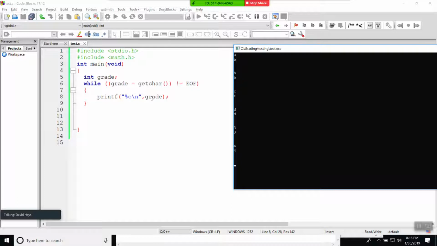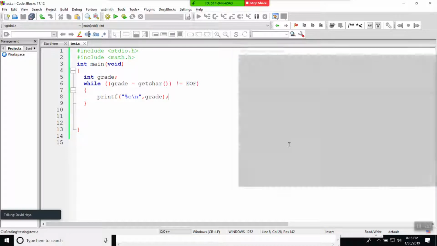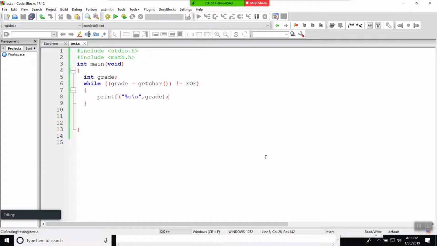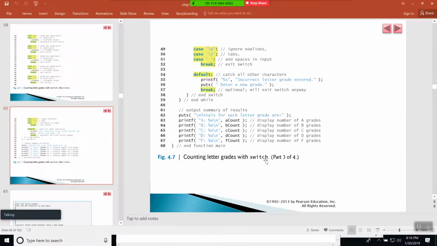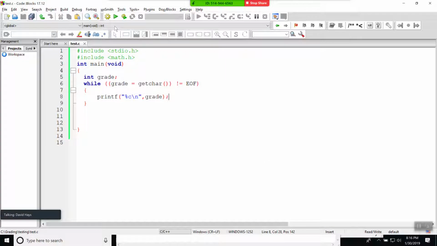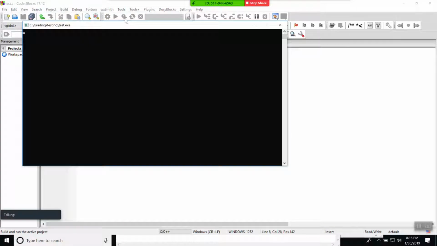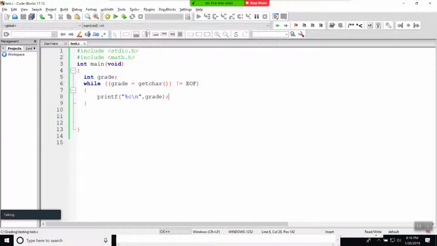And if it's not the end of file, it prints it. So now if I do a Control C, it went away. I guess I don't have any printfs in there, so it didn't print anything.